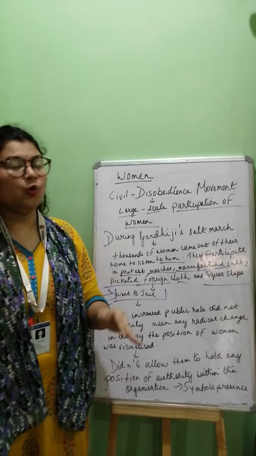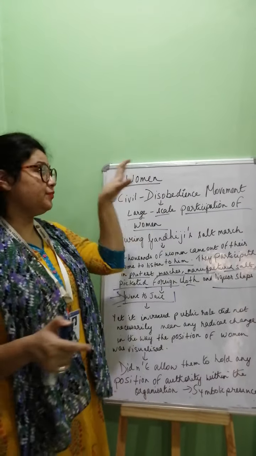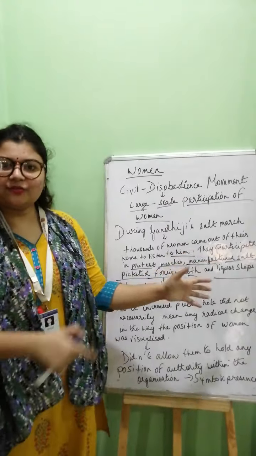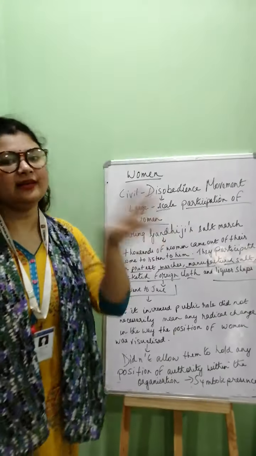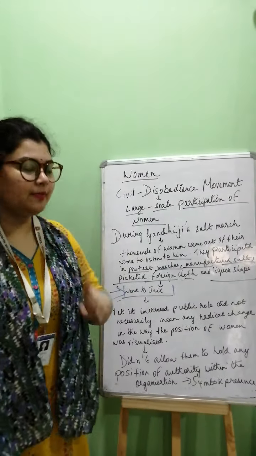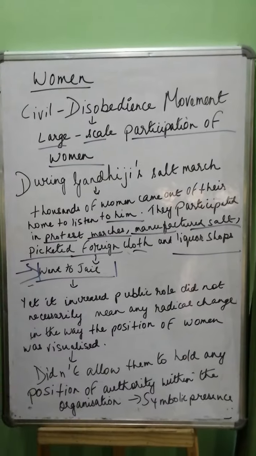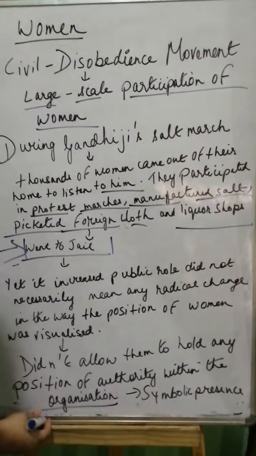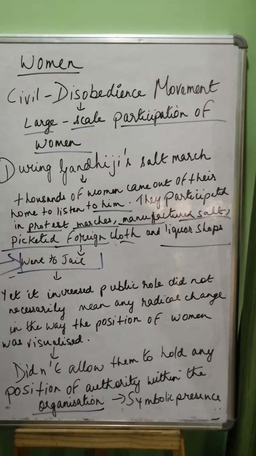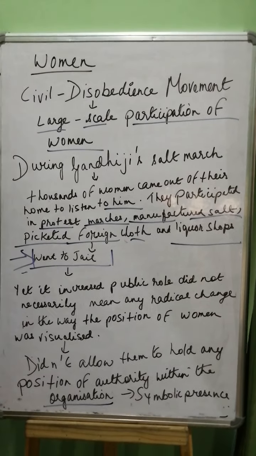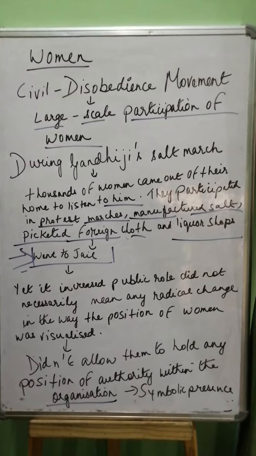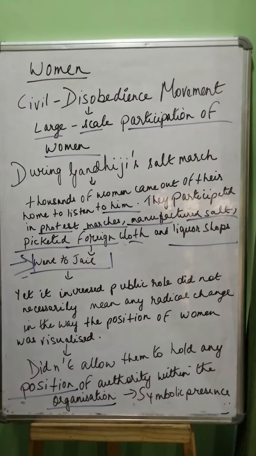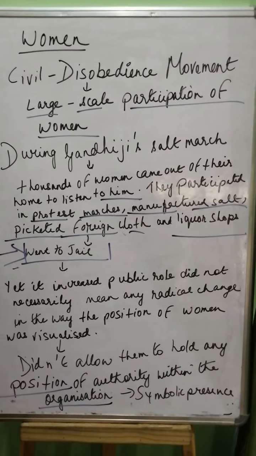there were women who participated in the civil disobedience movement. We can't deny this fact. Despite all these things, women participated in the movement, but they were not allowed to hold any position of authority within the Congress organization.